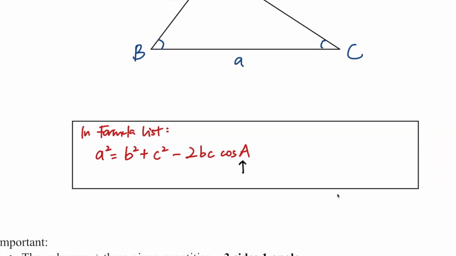And secondly, you need to realize that the side that you put here and the angle that you put here must be opposite each other. Okay, they must be opposite each other.